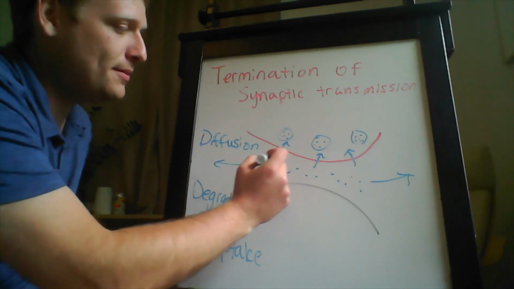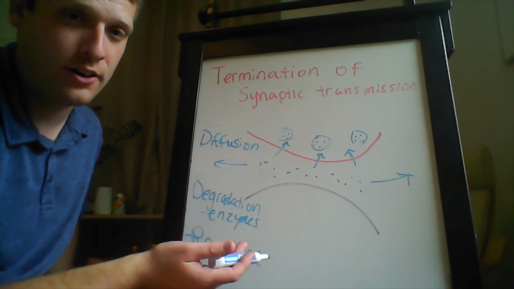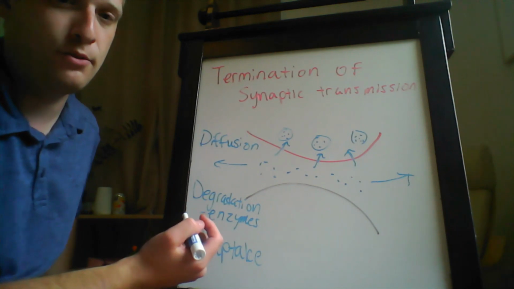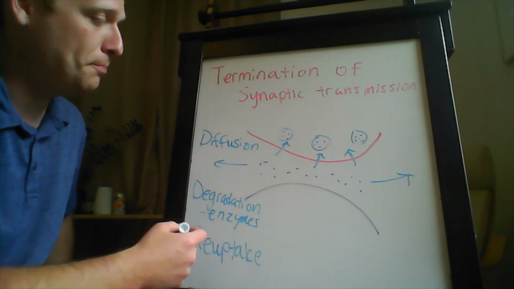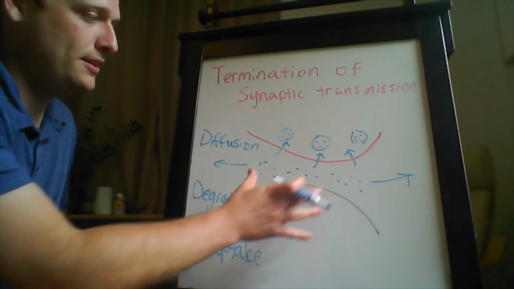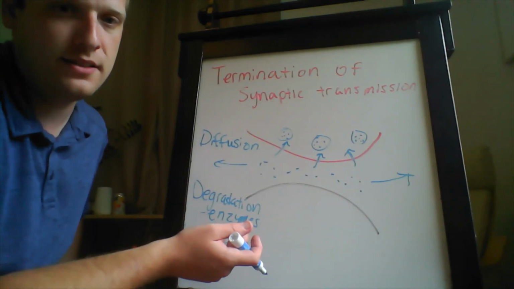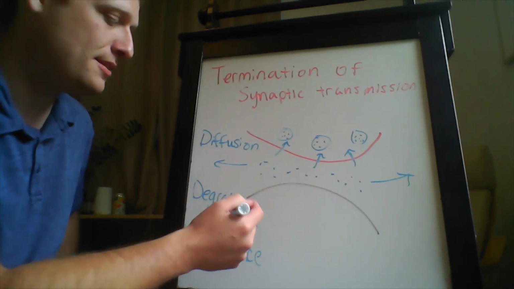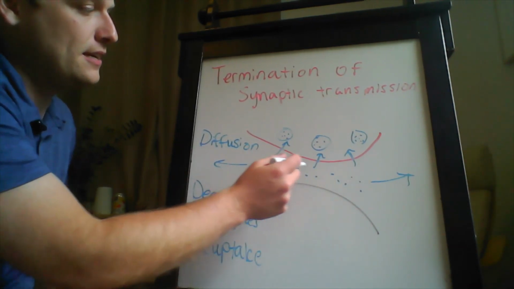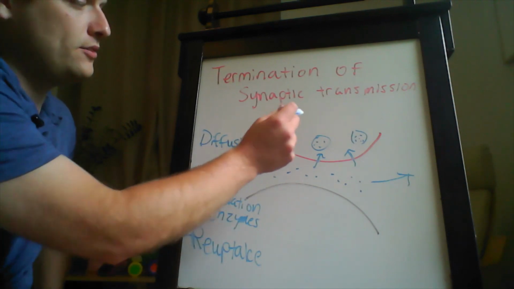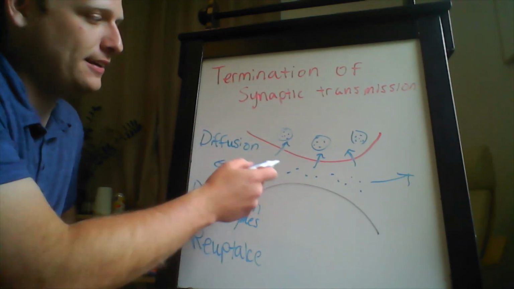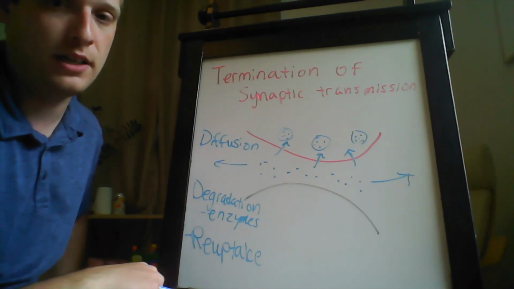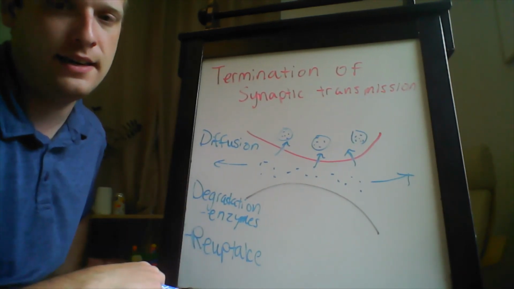So to keep the effects of serotonin around longer, make you less depressed or whatever it's being prescribed for, if you block reuptake of serotonin, the effect of serotonin persists, and the beneficial effects of it being around persist. So reuptake is the final way where the presynaptic neuron basically vacuums up all of the neurotransmitter that it had previously released. So that's how you end a synaptic transmission.